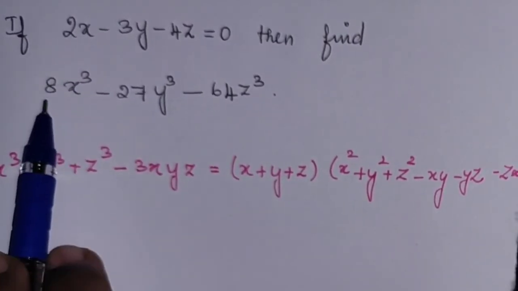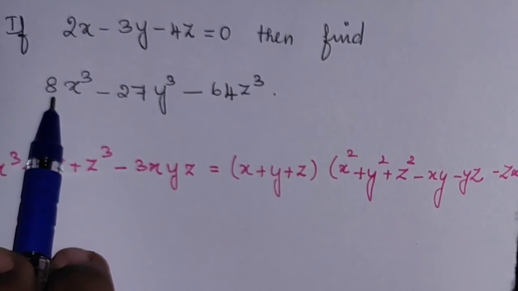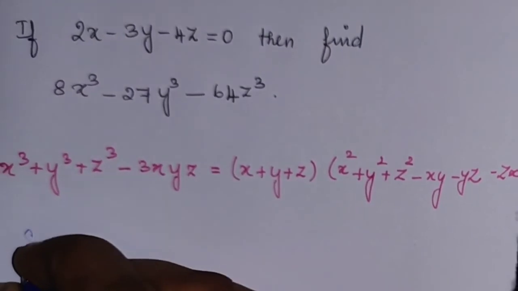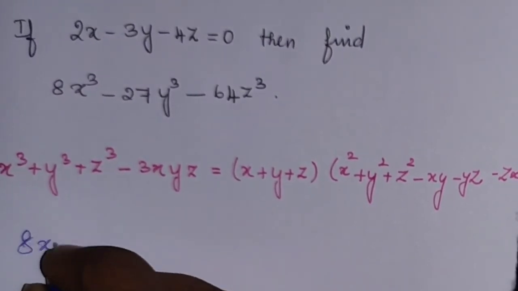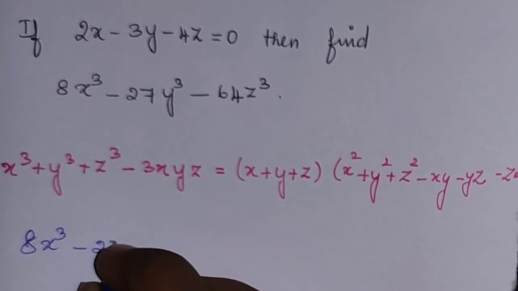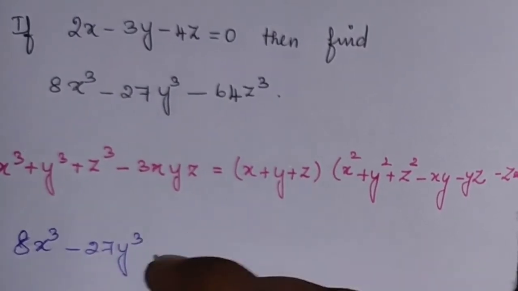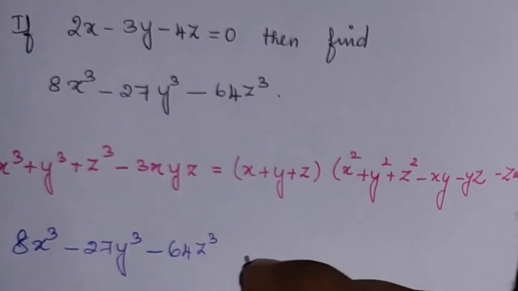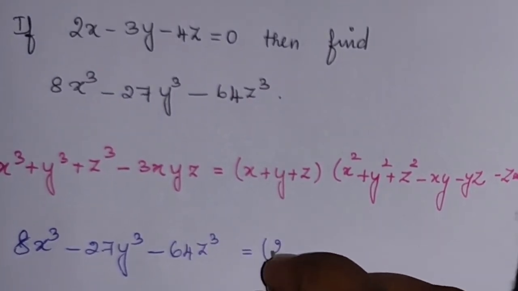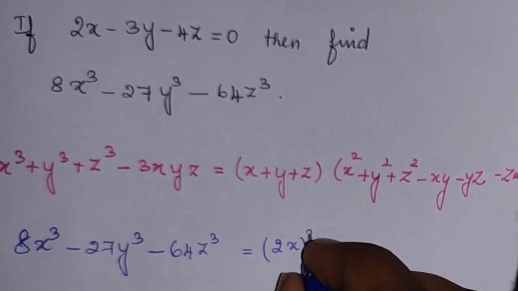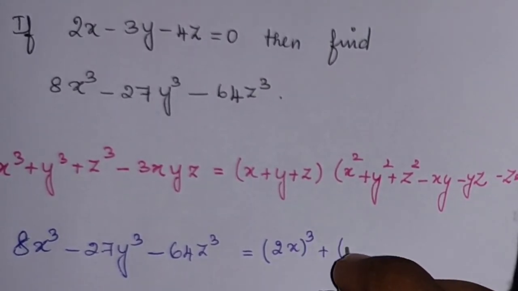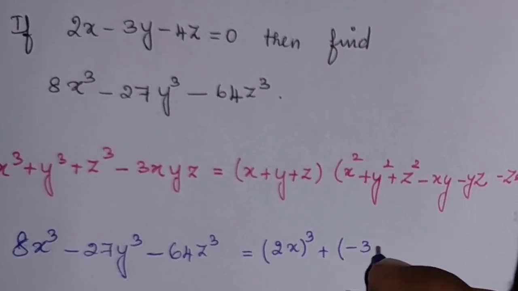Okay, let me check whether this is the cube of this. So 2 cube is nothing but 8. So this can be written as 8x cube minus 27y cube minus 64z cube can be written as 2x the whole cube plus, 27 is nothing but 3 cube, right?